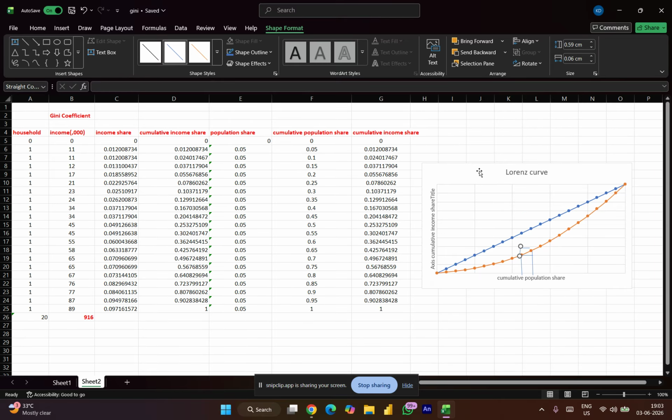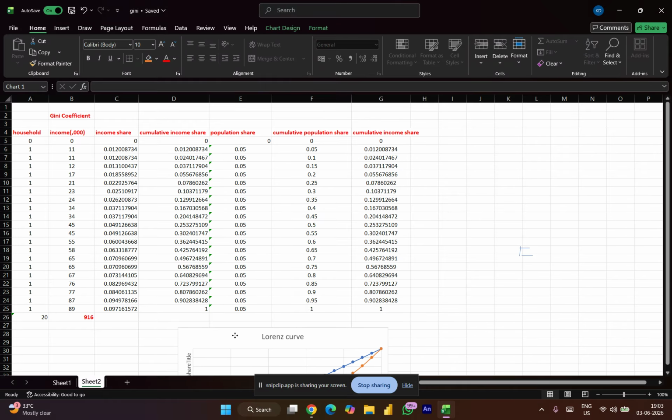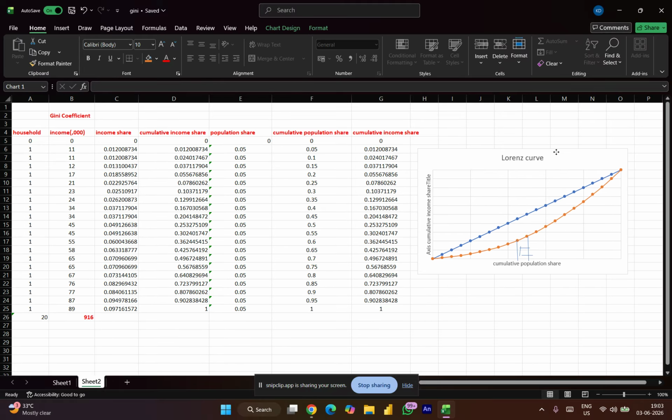So that is how we calculate the area below the Lorenz curve, because we know the formula of Gini is this area divided by the area under the line of equality, that is 0.5. First we calculate this area.